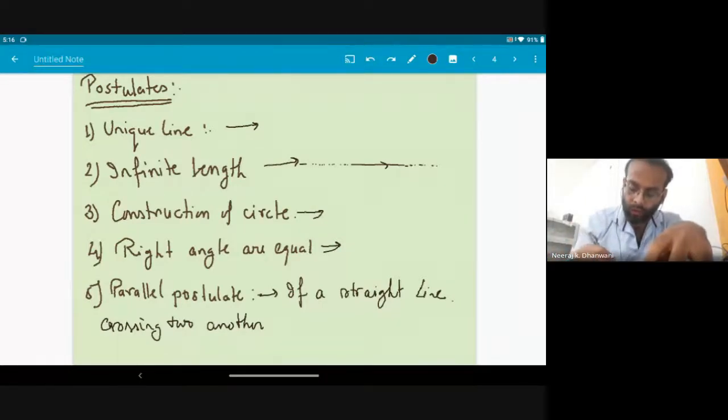Take two other straight lines, L and L prime.